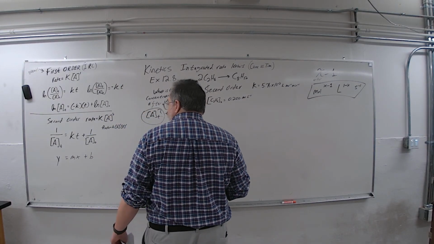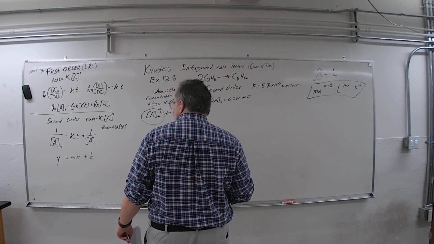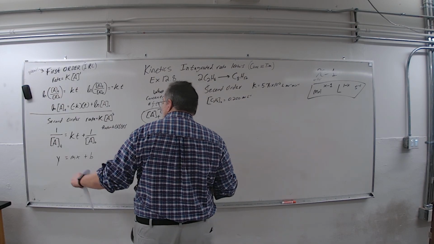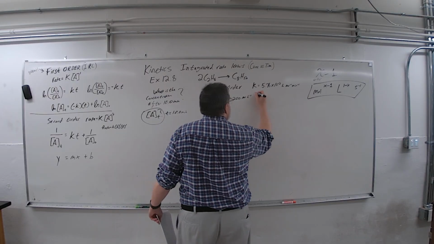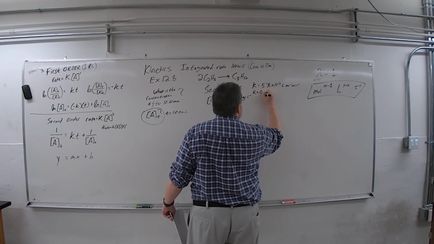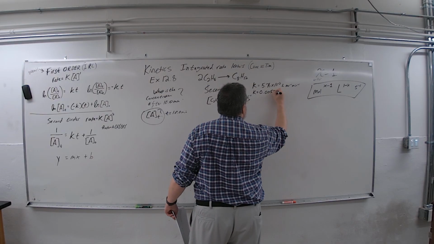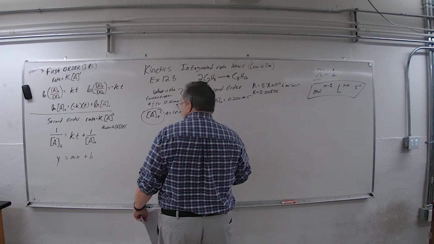I would do a little algebra first. Maybe not. No. Let's just calculate the right side first. And I'm going to turn the K into 0.00576 just because it's easier to deal with.